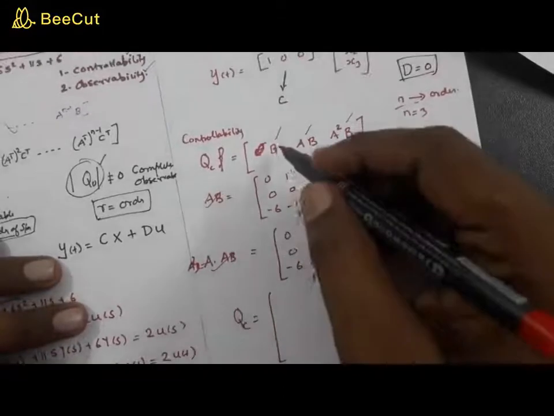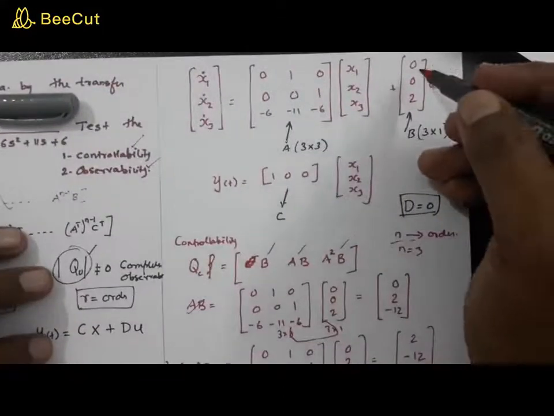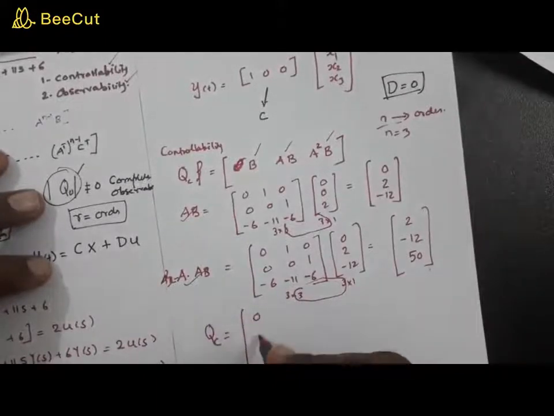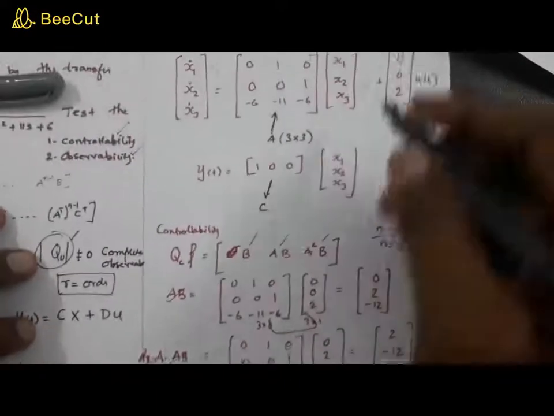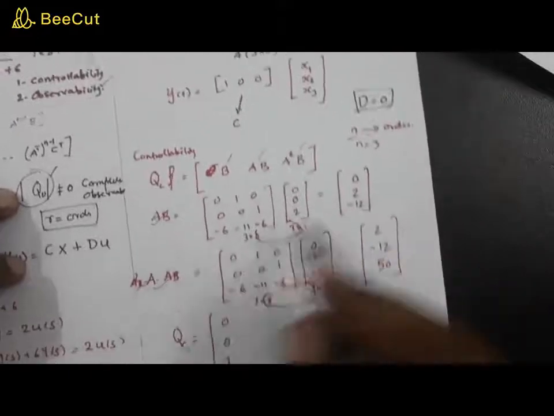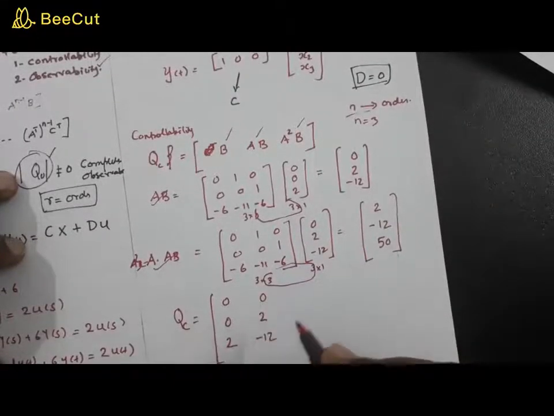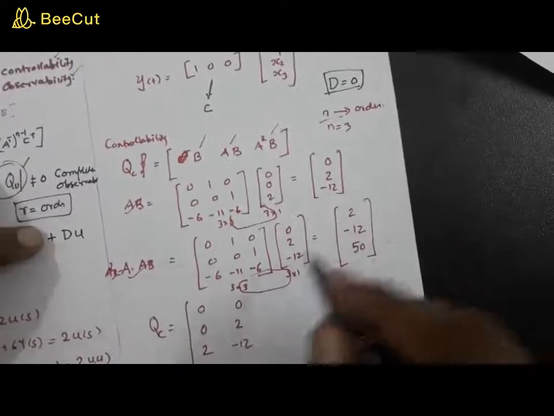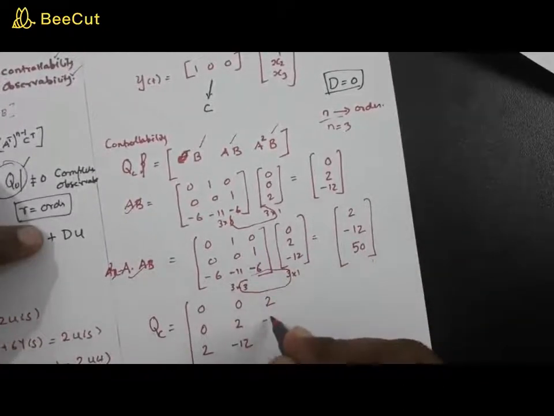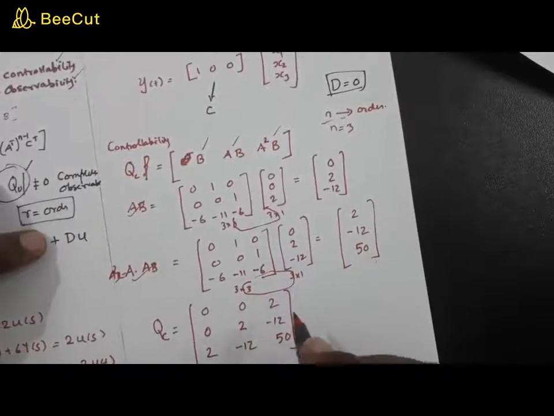The first column is B. What is B? B is 0, 0, 2. The second column is AB, whose value is 0, 2 and minus 12. And the third column, which is A square B, is 2, minus 12, 50, right? So that is your QC.